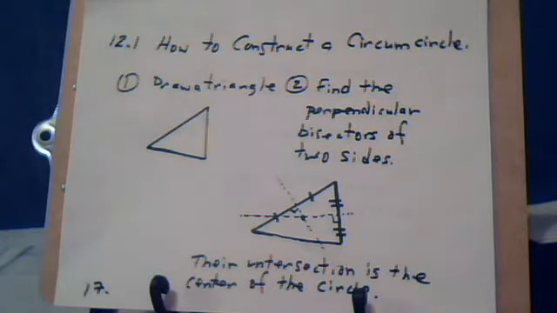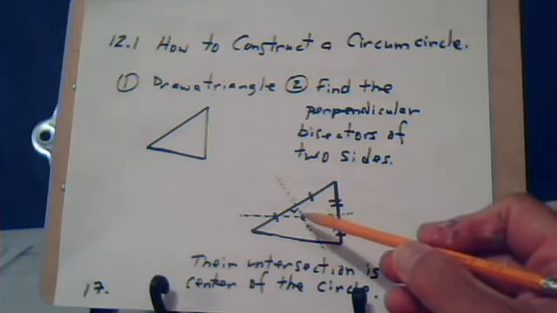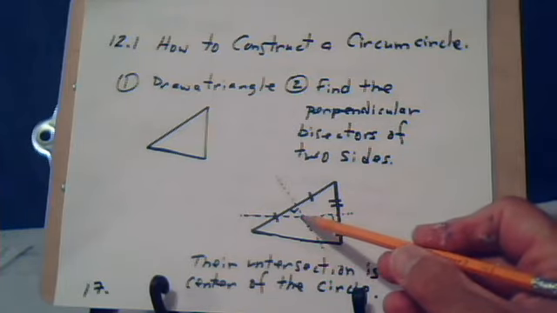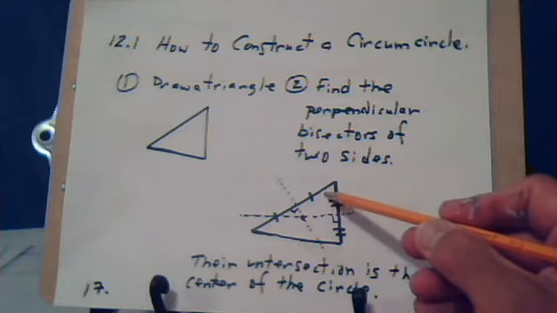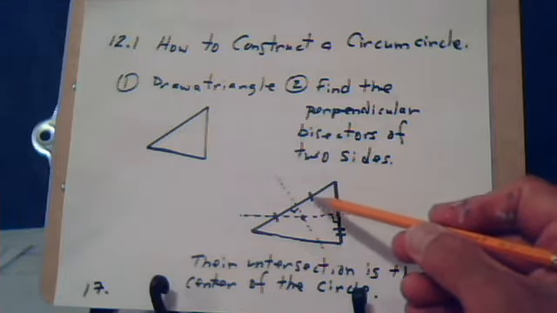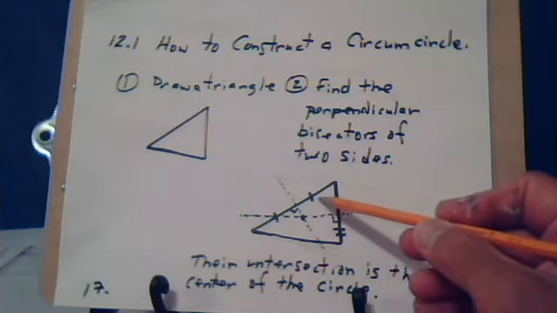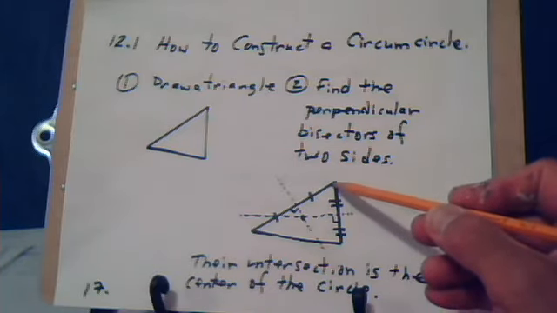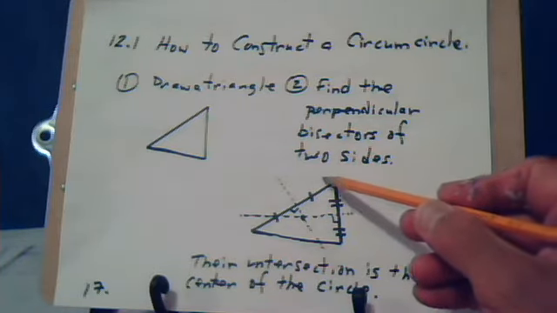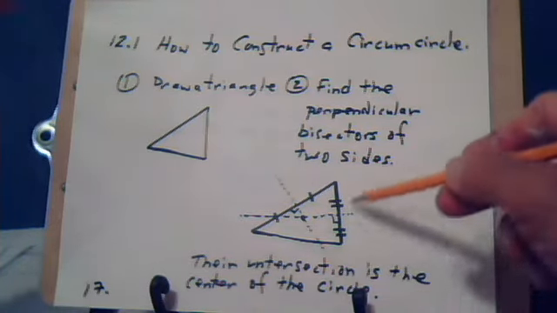All you have to do now is place your string or your compass right here. The radius is going to be the segment that goes to the vertex. So just find one of these segments, the radius, starting here at the center. Touch one of the vertices, and then just revolve, and you'll see you'll touch all the other ones also. Your compass will go through the whole circle.